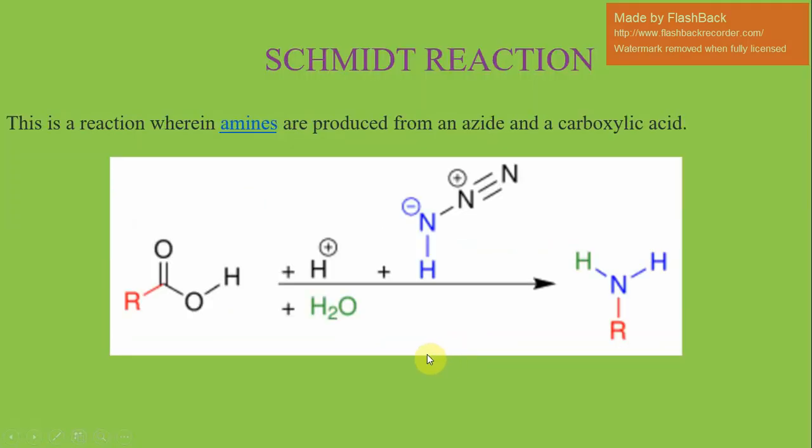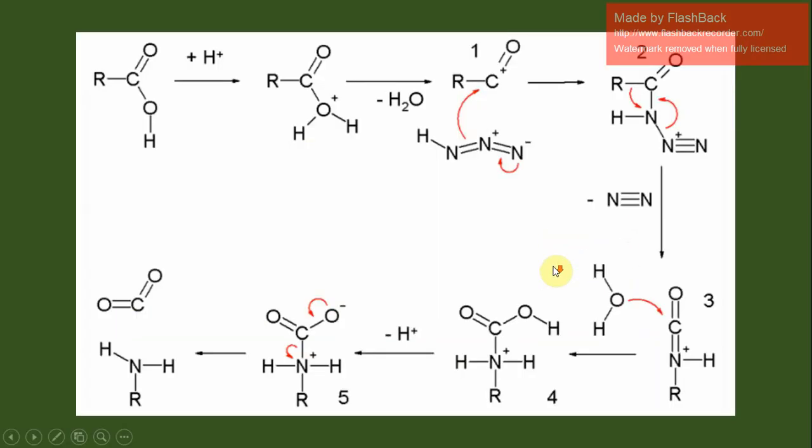This is Schmidt reaction, where a carboxylic acid is first of all treated with a mineral acid and then with hydrazoic acid, and the end product is an amine, and the detailed mechanism is here. A carboxylic acid on treatment with a mineral acid, the OH getting protonated, generating an acylium ion.